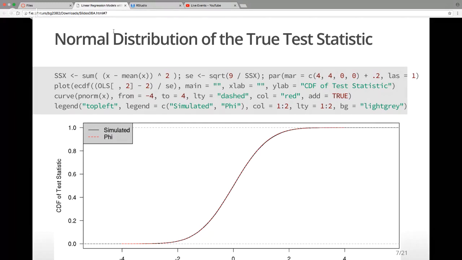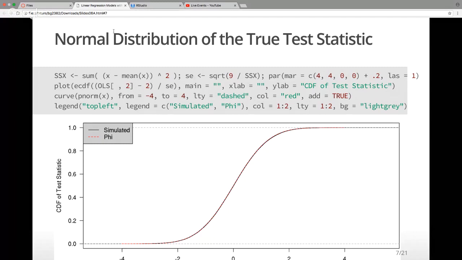Then we can plot the CDF of our estimated slopes minus the true slope, which is 2 in this case, divided by the true standard error, which is 9 over whatever SSX is, all square rooted. And we get the plot with the black line for the CDF of this particular ratio.